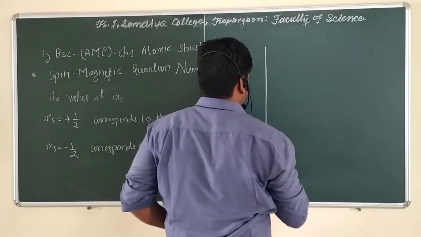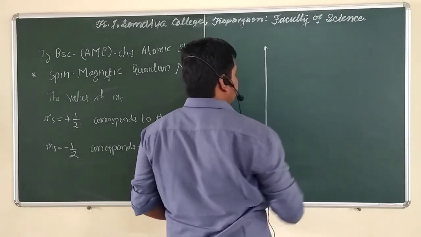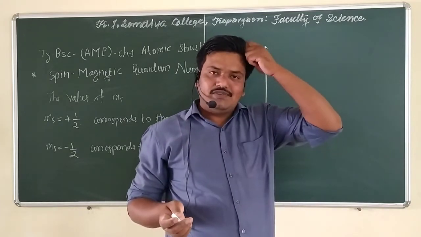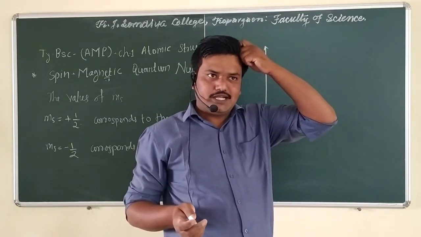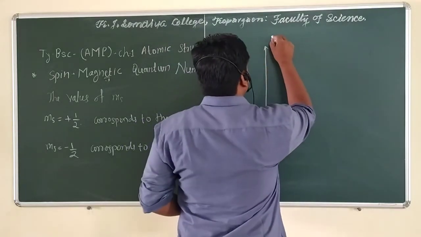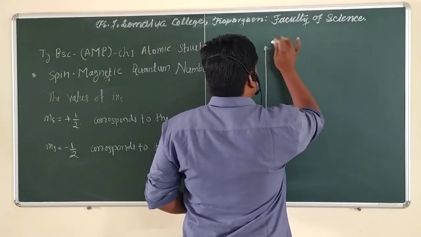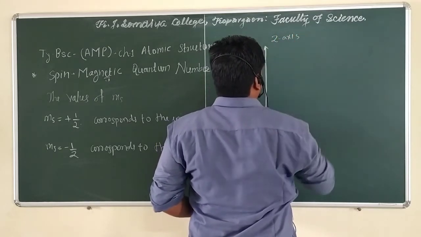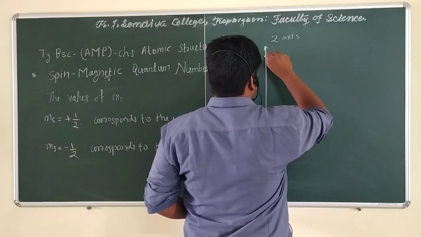So this is the z axis, which is the fixed axis along which the external magnetic field is applied.